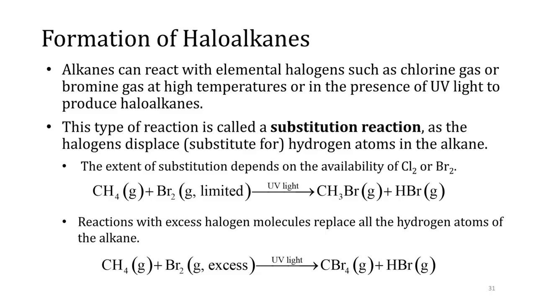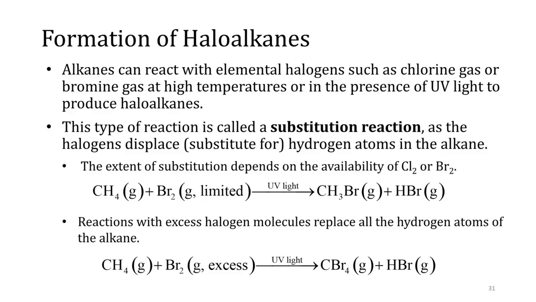So you can take an alkane plus a halogen like fluorine or bromine or chlorine or iodine, and the alkane is still the reducing agent, but then the halogen becomes the oxidizing agent. So alkanes can react with elemental halogens like chlorine, bromine, iodine vapor, or fluorine. Typically, you need a high temperature or UV light to get the reaction to start.